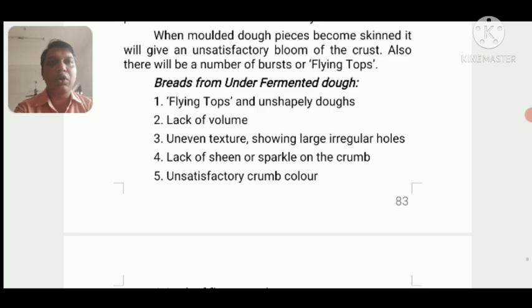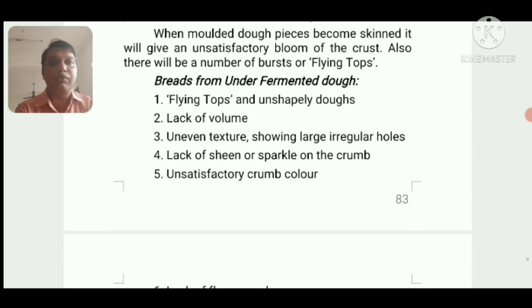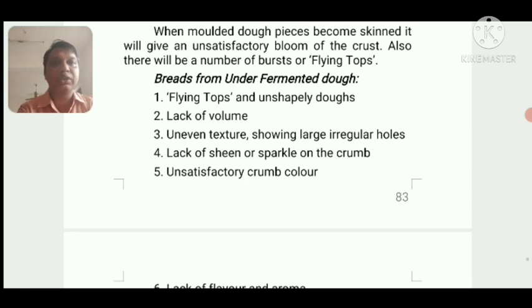The normal standard loss of moisture content while baking is near about 10 to 13%, but here it goes to more than 13 to 15% or even 20%. So there is a lack of volume. Then uneven texture, showing large irregular holes.